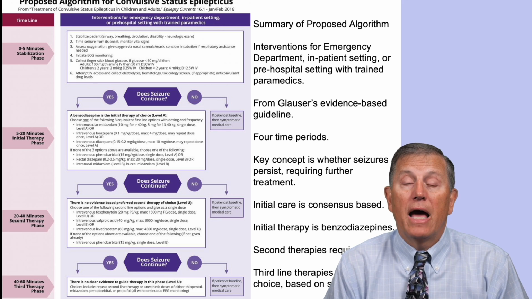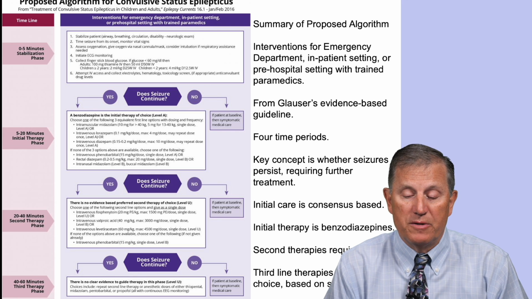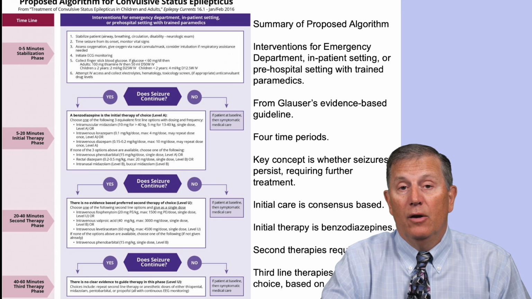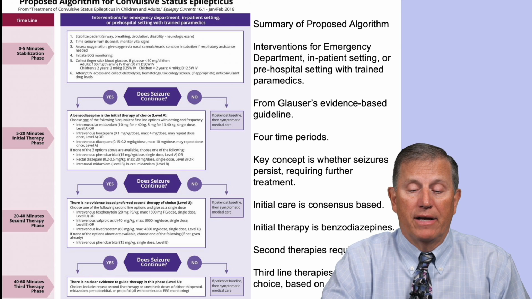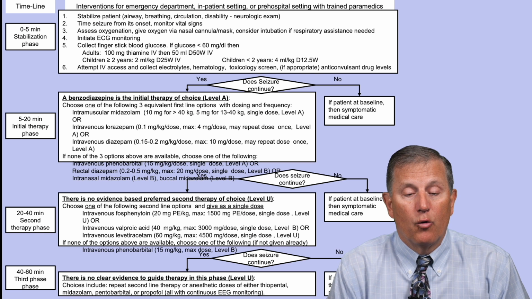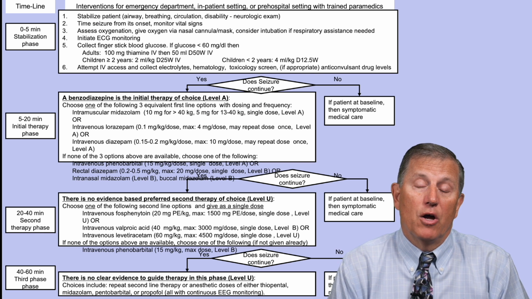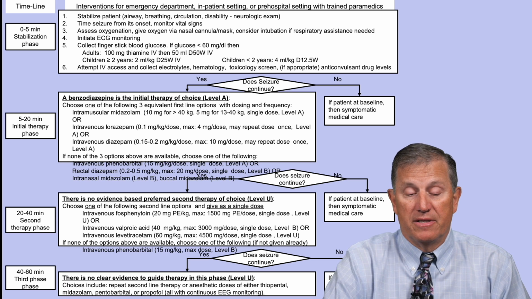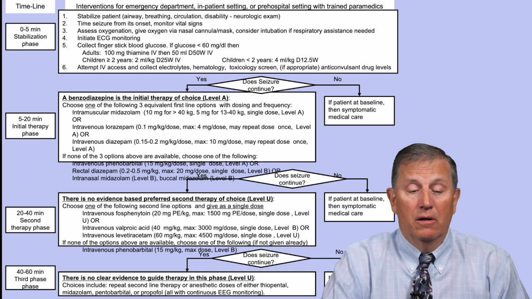And the third line therapies are also choice-based and are related to what's available in the system in which a particular provider practices. This again is the graphical representation of the flow diagram or algorithm for the treatment of patients with seizures and status from the Glauser Clinical Guideline.